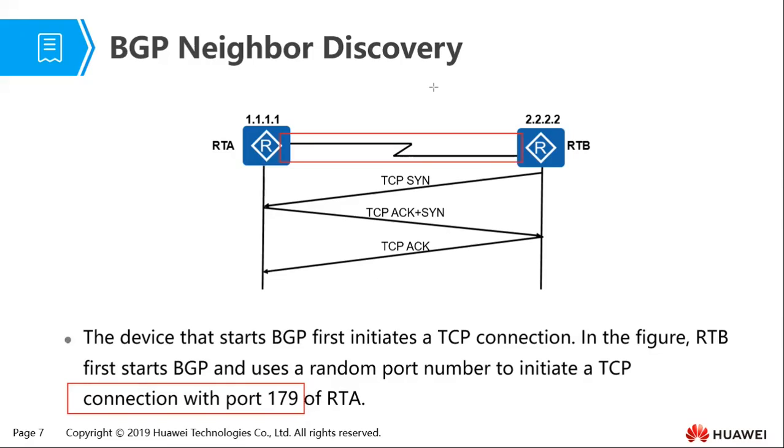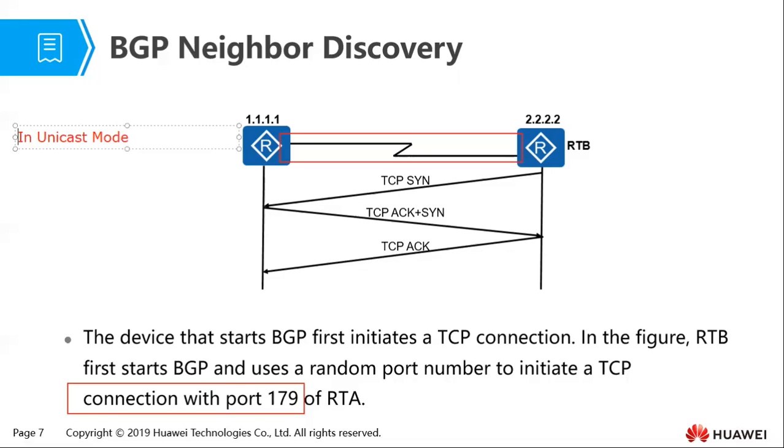Now, the other thing that you need to understand is that unlike the IGPs that we've looked at so far, like OSPF and ISIS, which discover neighbors in multicast mode, with BGP, neighbor relationships are discovered in unicast mode.